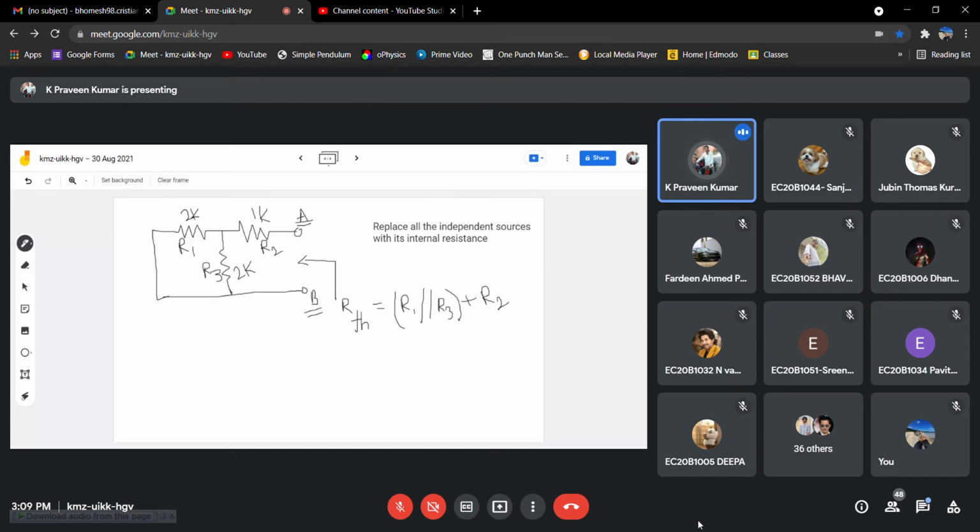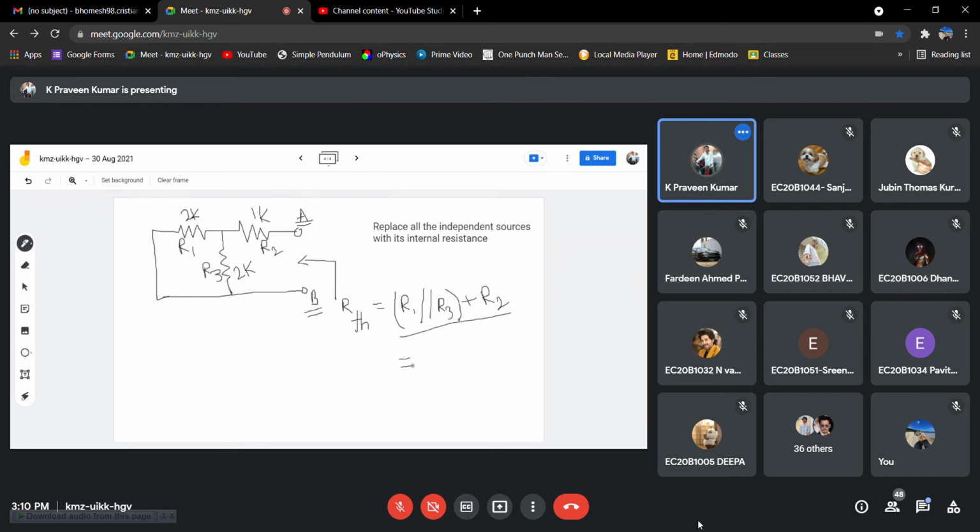First replace all the independent sources with their internal resistance. If it is a voltage source, replace it with a short circuit. If it is a current source, replace it with an open circuit. Then see which resistances are in series and which are in parallel, and find the equivalent resistance of the circuit. That is RTH.